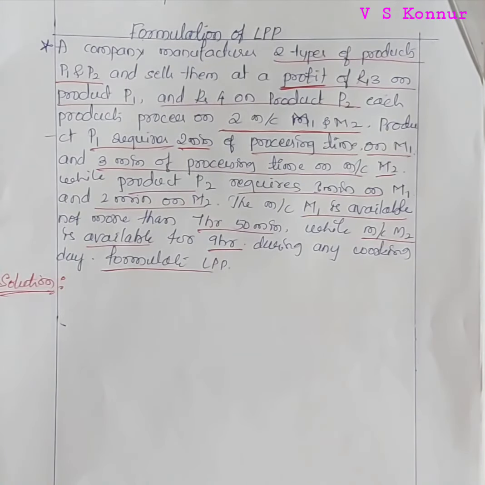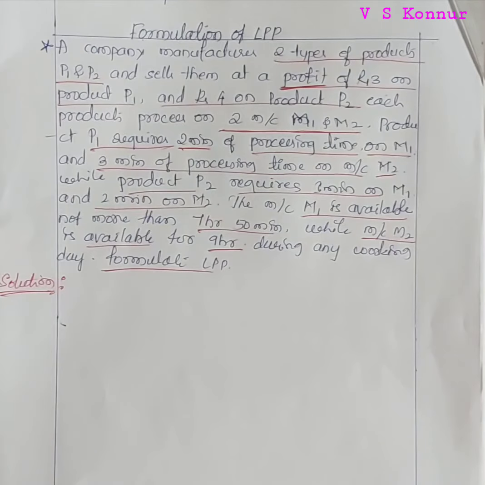If it is a profit type of problem, then we define it as maximization of z. If it is a loss problem, then we define it as minimization of z. That is called the objective function.